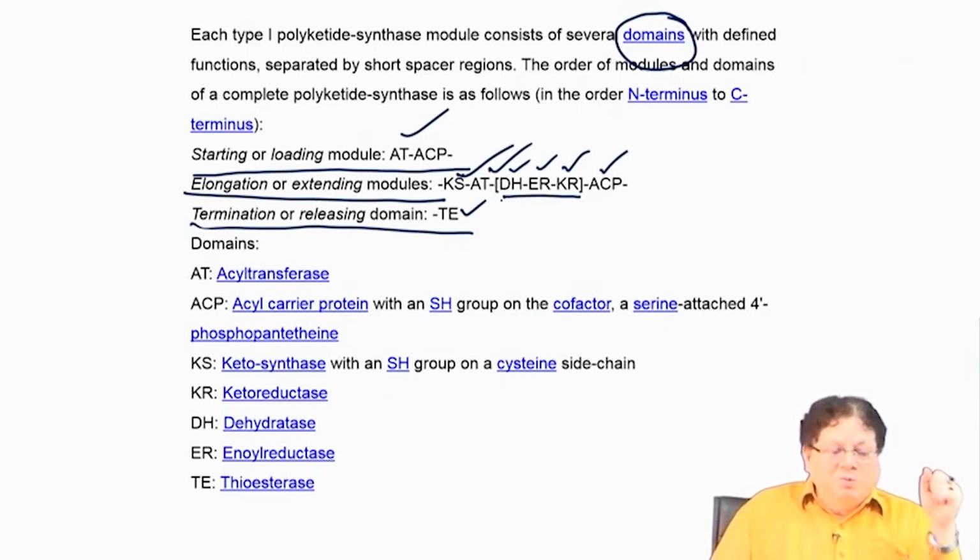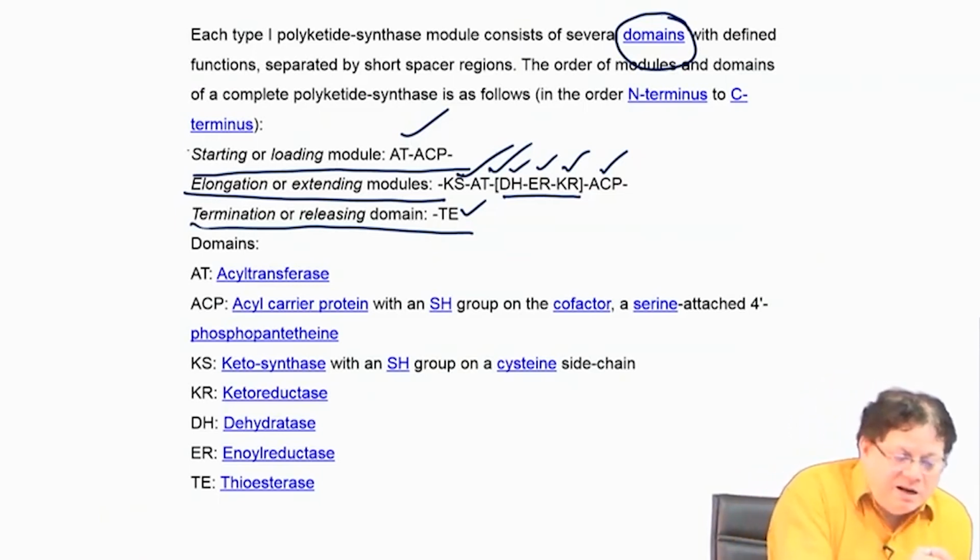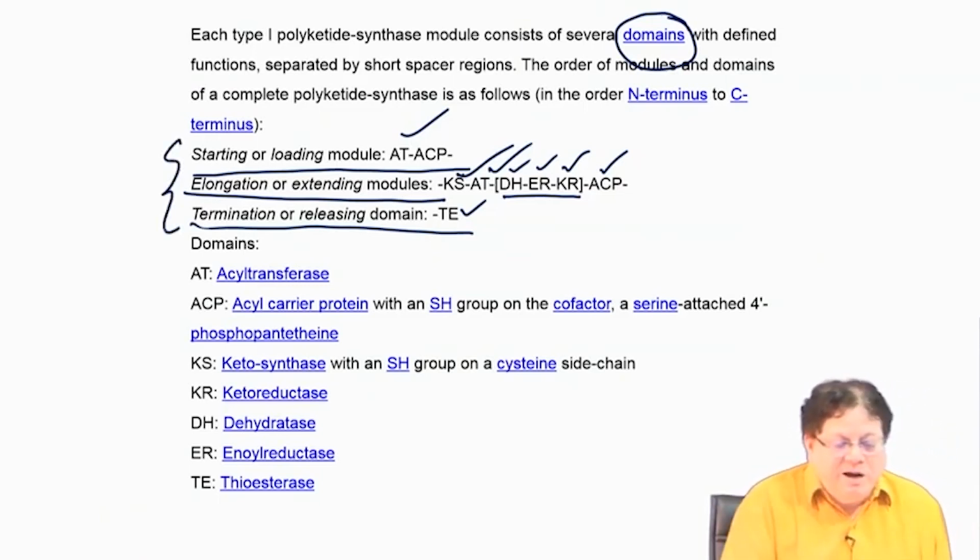So, these are the three important things.